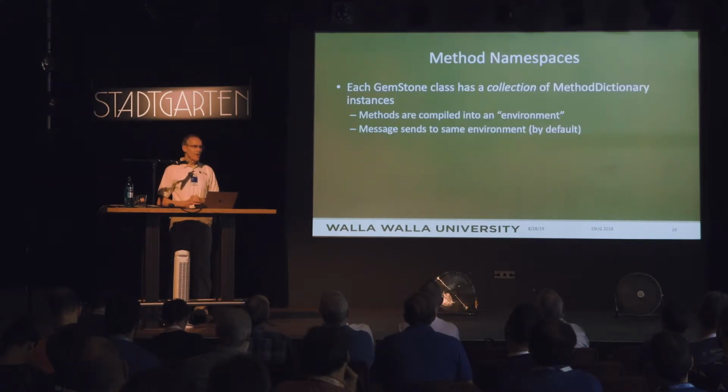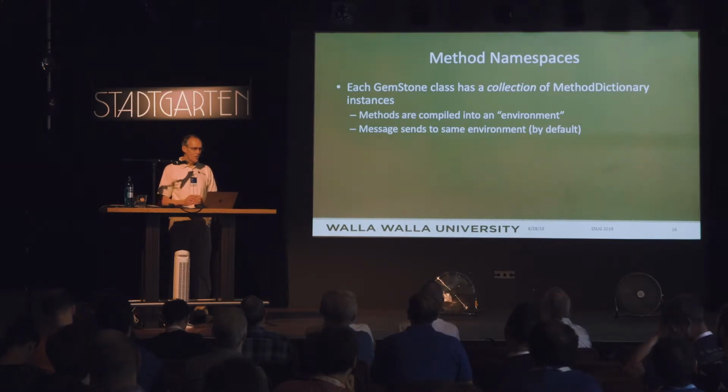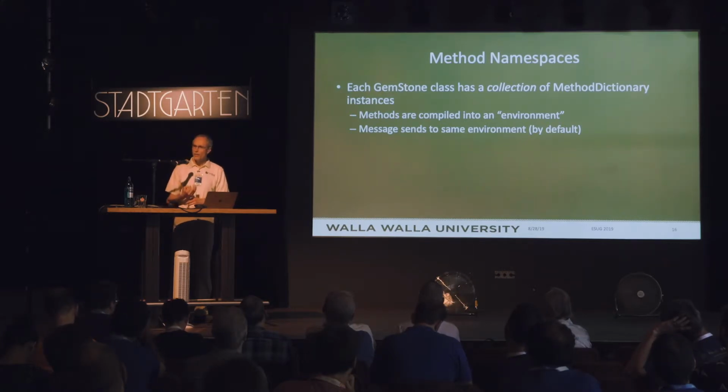GemStone has a feature where we have multiple method namespaces. So in traditional Smalltalks, each class has one method dictionary. In GemStone, each class can have over 250 method dictionaries. And when you execute code, you specify either implicitly or explicitly which method dictionary to use.